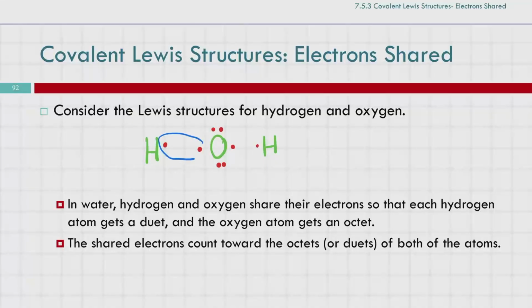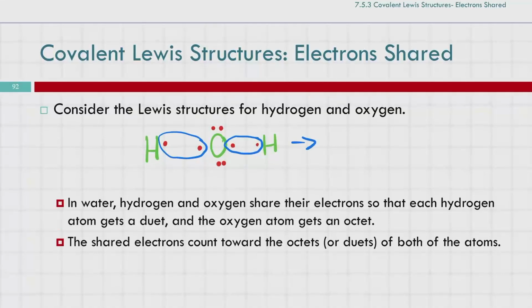So we can share some of these electrons. And one of the ways that we can draw this, I'm going to retcon our hydrogen's electrons to be blue so that we can see the difference. We've got hydrogen, oxygen, hydrogen.